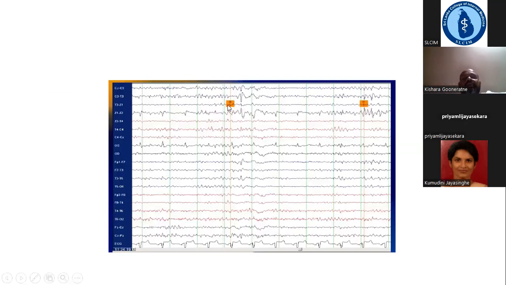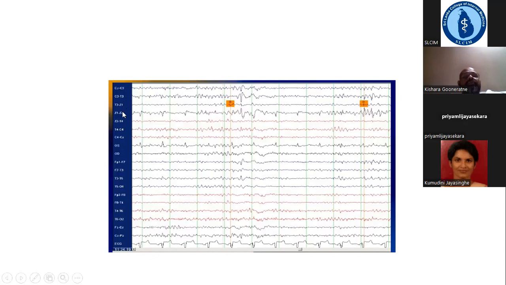Now, this is an EEG with an example of what we were talking about. So this is a sharp wave. You look at the left side of the EEG, you will see the montage, and you will see that these are odd numbers.